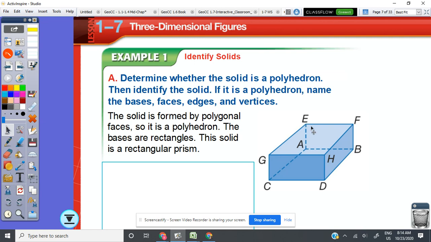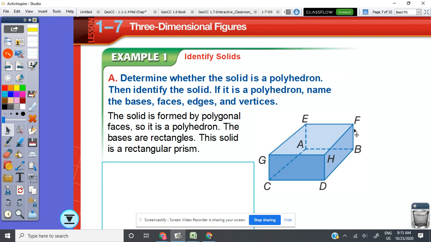My second one is this back one that I'm naming: A, E, F, B. My third face is B, D, H, F. Yes, it can.